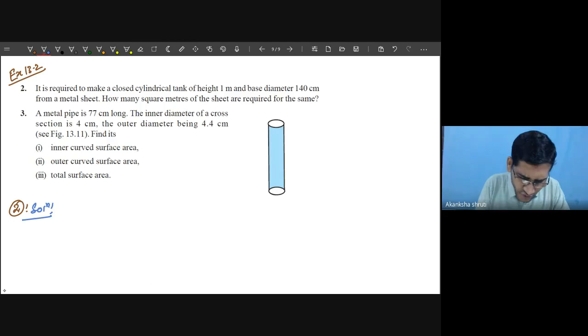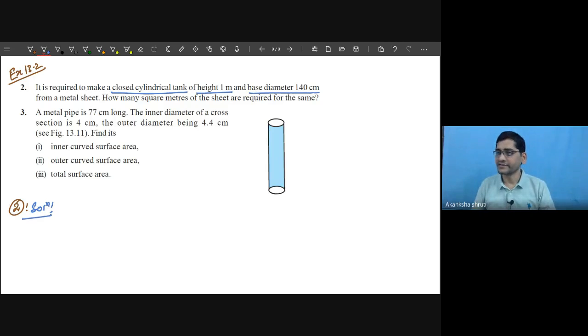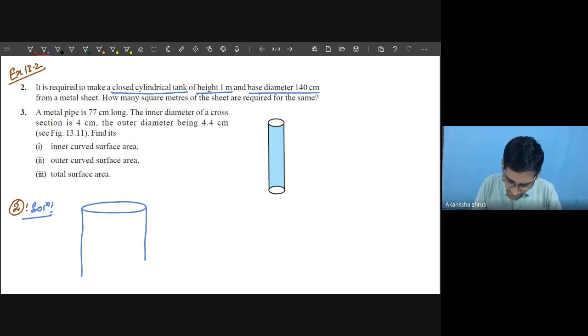It is required to make a closed cylindrical tank of height 1 meter and base diameter 140 centimeter from a metal sheet. How many square meters of this sheet are required? Students, here it is given that a cylindrical tank has to be made.